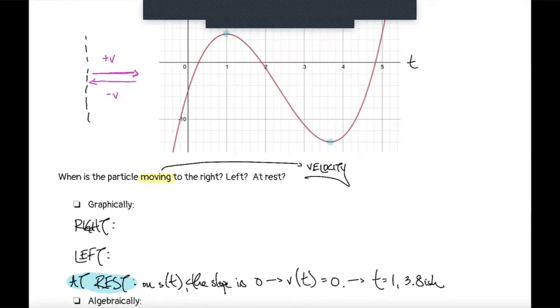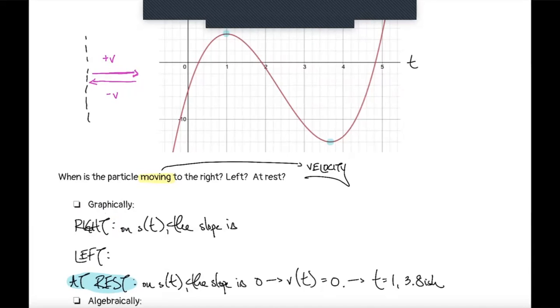And so if we take a look at some of those other answers, for traveling to the right, we could say on S of t, the slope is what? What are we looking for? Great question. How can I tell if the first move is to the right or the left? Well, to the right we typically say is our intrinsically positive direction, which I know feels weird for those who may be left-handed.